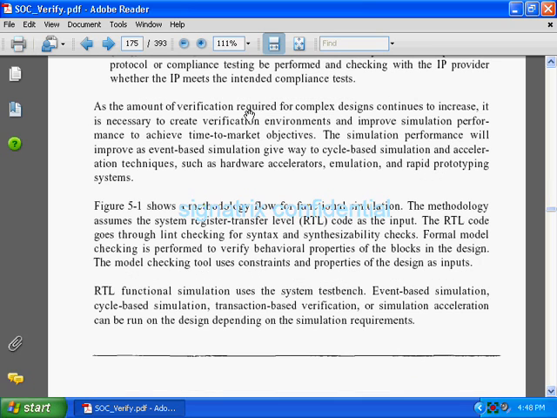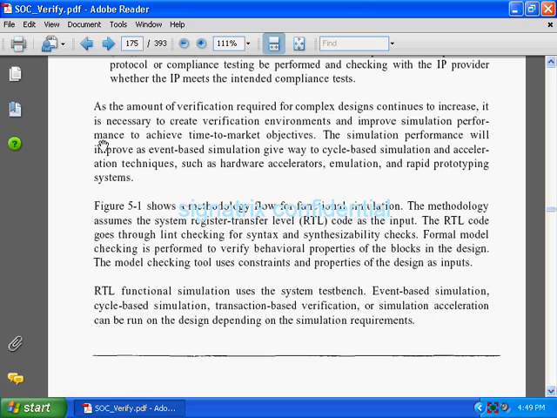As the amount of verification required for complex designs continues to increase, it is necessary to create a verification environment and improve simulation performance to achieve the time to market objective. Day by day the complexity is increasing, and we need to create a very sophisticated verification environment, reduce the simulation time, and meet the time to market objectives.